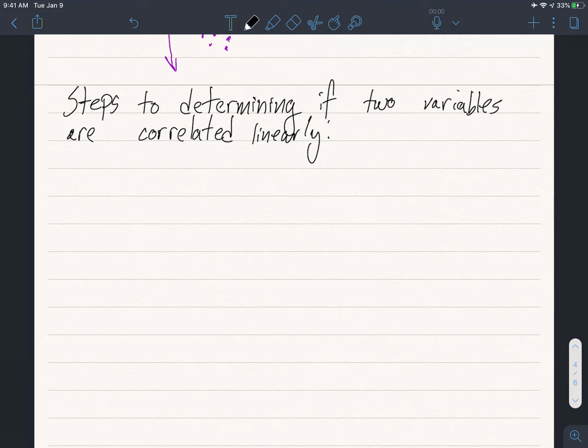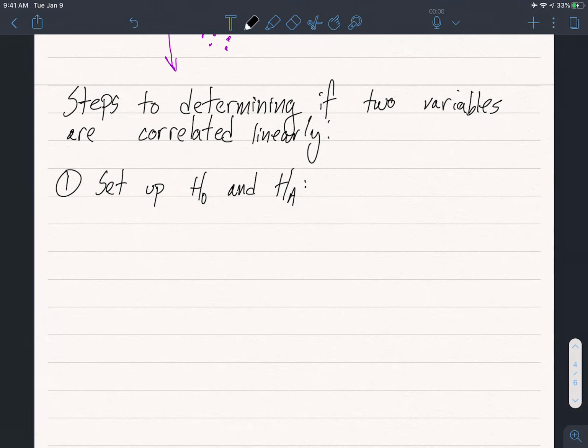So what are the steps? First step, guess how we're going to do this? We're going to actually be running a hypothesis test. So to determine if two variables are correlated linearly, you have to set up H0 and HA.